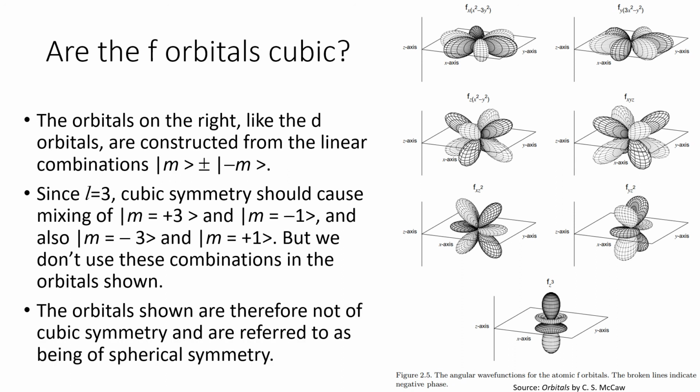And so it follows then that the f orbitals, as they're most normally defined, are actually not having cubic symmetry. So x, y and z are not equivalent in this sense. So actually when you look at those pictures on the right there, these are defined in the spherical sense, you can see then that z does have some kind of a priority here. We've got that fz cubed orbital pointing up the z-axis.